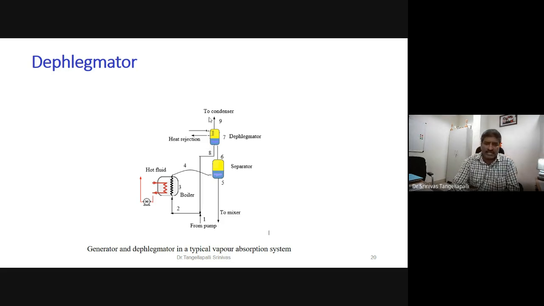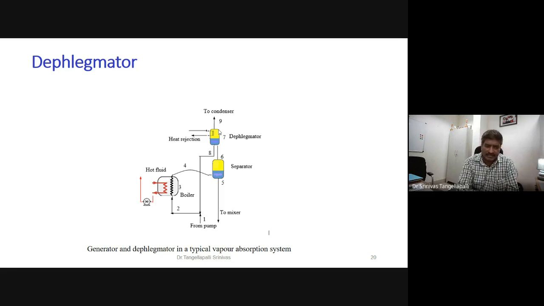But the actual distillation is less than that. Maybe instead of reaching 100%, you may reach 95%, from 80% to 95%, for example. At the inlet, this is 80%. You reach 95% with the goal of 100%. With this difference, you may find a performance parameter like 95 minus 80 divided by 100 minus 80.